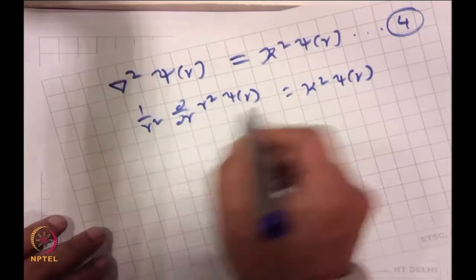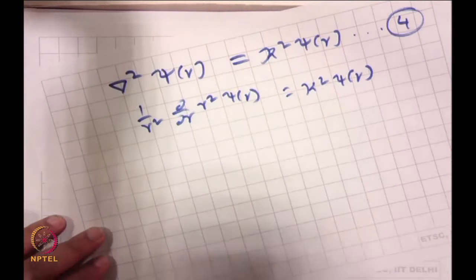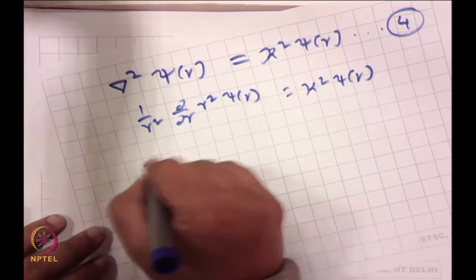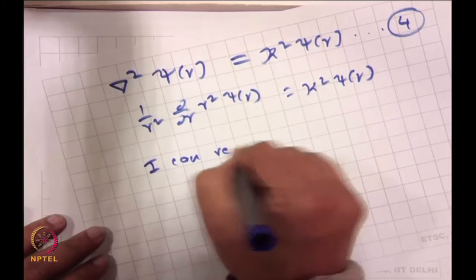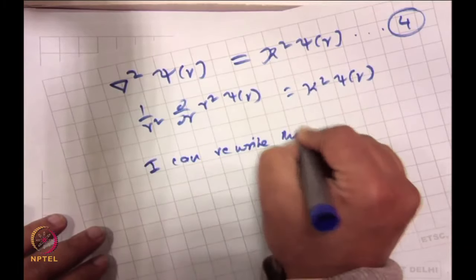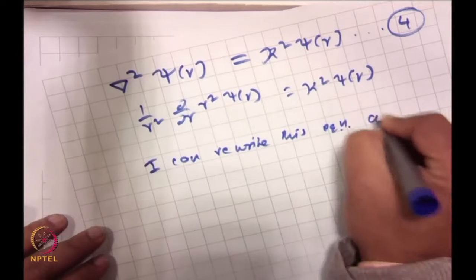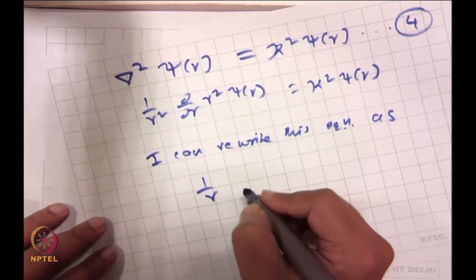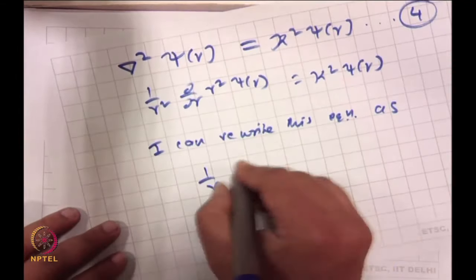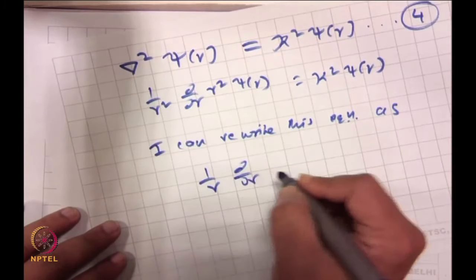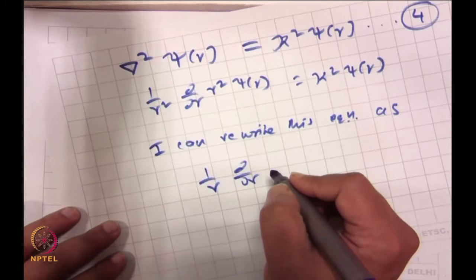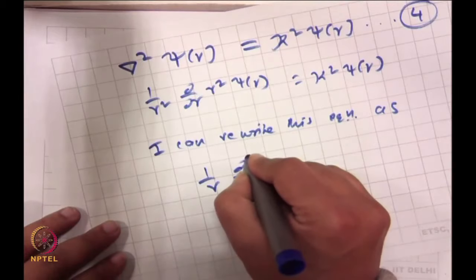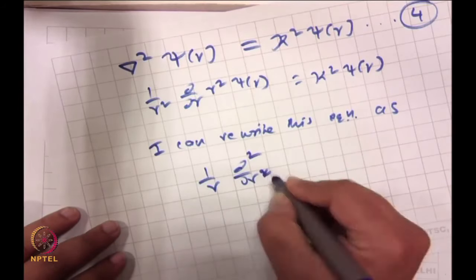So this can be rewritten as, and this is for you to check. I can rewrite this equation as 1 by r del of del r. Okay. So actually I should write del 2 of del r squared in this case.